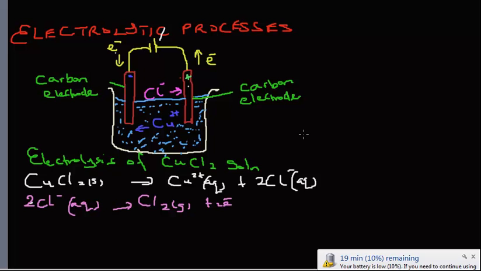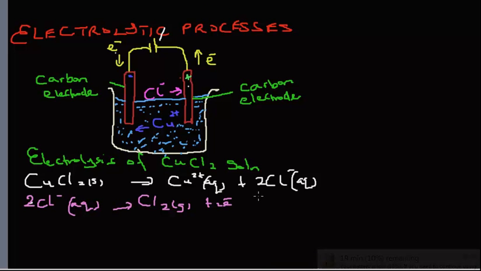As we can see in this particular reaction, we have formed chlorine gas by losing two electrons from our chloride ions. So this is an oxidation reaction taking place at our anode, although our anode is now positively charged. So our chlorine gas is given off at the electrode, and because oxidation occurs here, this one is our anode.